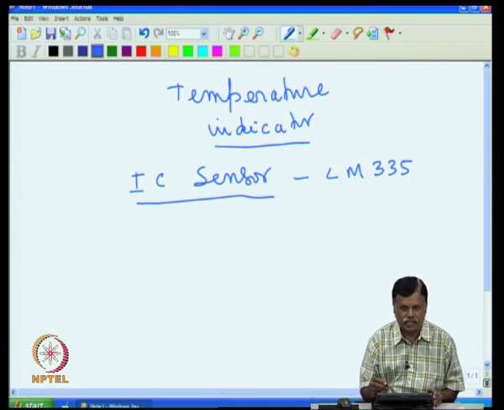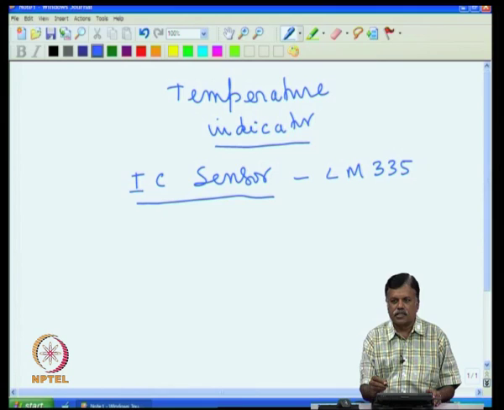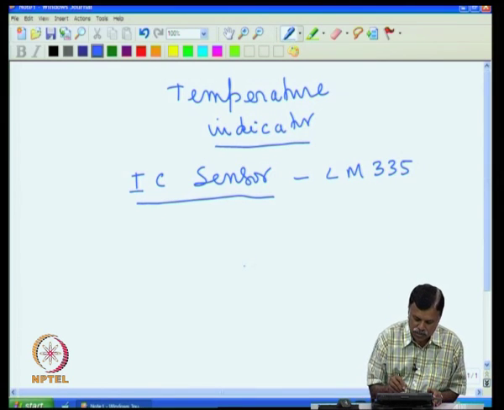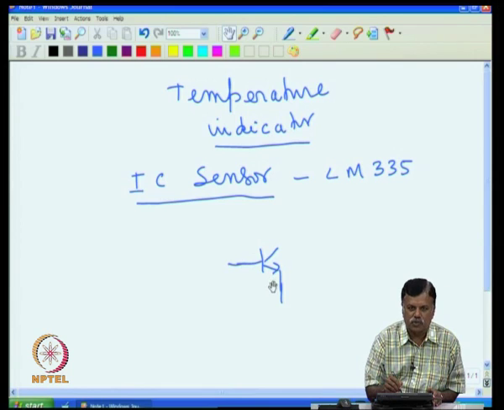Now, this LM335 is basically a transistor based temperature sensor, because we know if we take a transistor and look at the base emitter voltage, when it is forward biased we have around 0.6 volt.